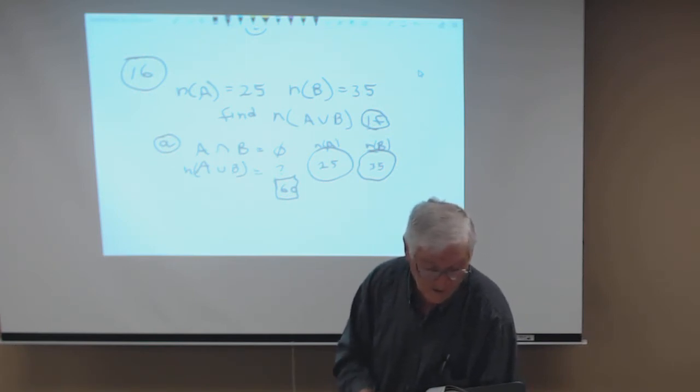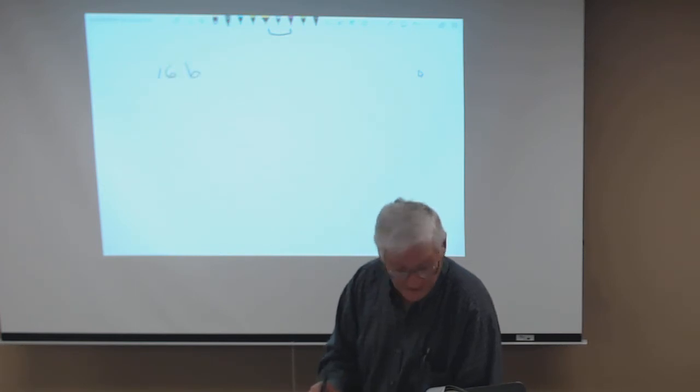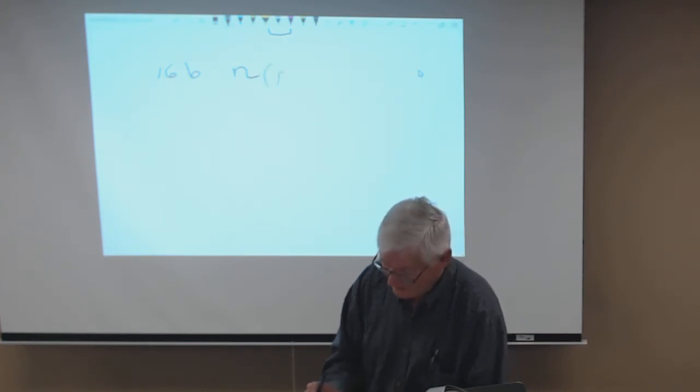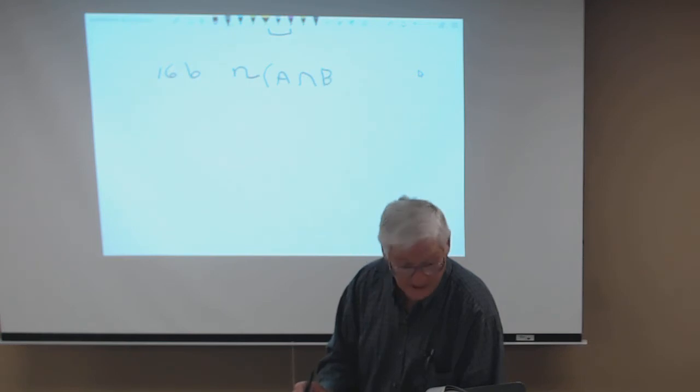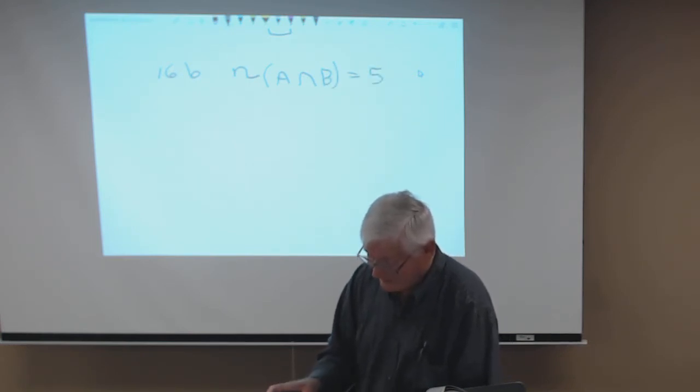Part B. What if the number of elements in A intersect B equals 5? Well, see that picture up there?